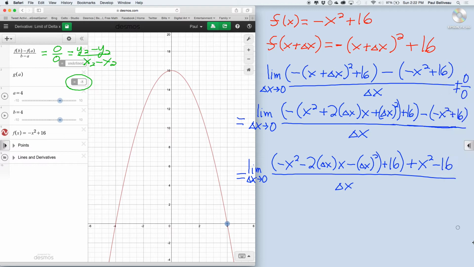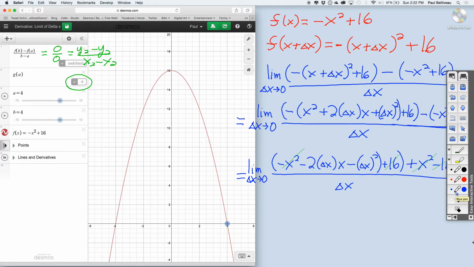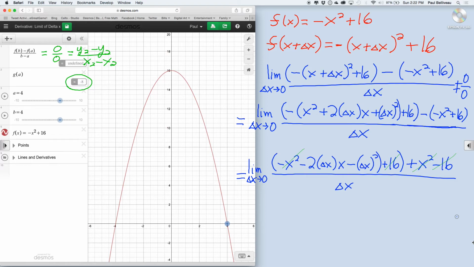But some interesting things are starting to happen here. One of them is this. If I drop these outside parentheses, I will have a negative x squared and a positive x squared and a plus 16 and a minus 16. And now I'm looking at something a little bit different. Let me rewrite it, equals the limit as delta x approaches 0 of negative 2 delta x times x minus delta x squared all over delta x.